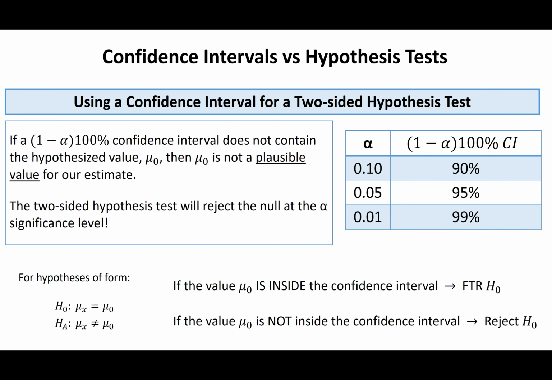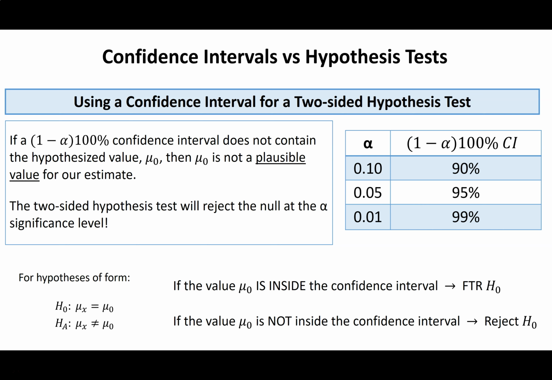And then lastly, and this can be really handy, confidence intervals and hypothesis tests are highly related. You should consider a hypothesis test with a significance level of 0.10 as going hand in hand with a confidence interval that's 90%, 5 and 95, 1 and 99.